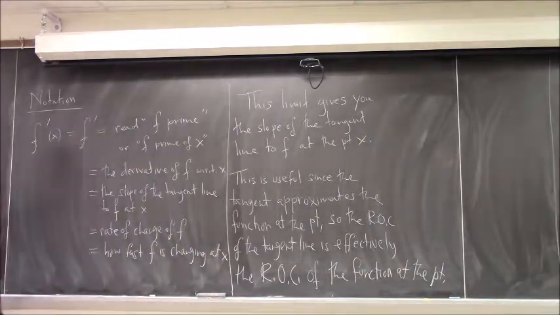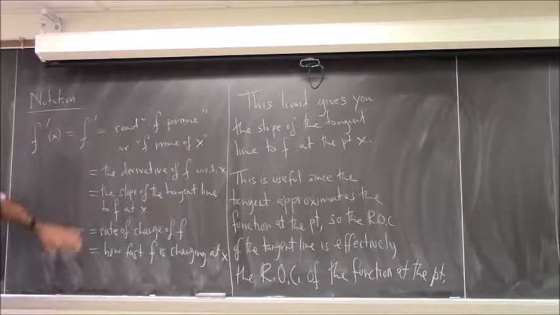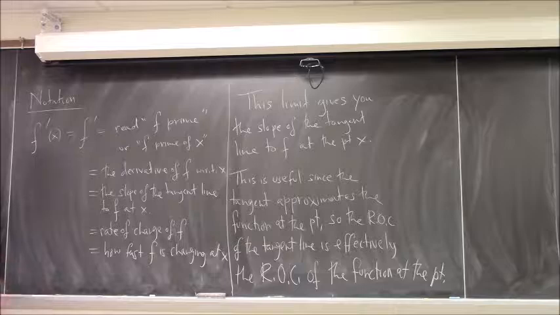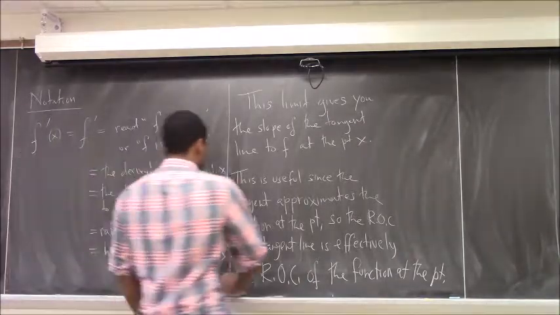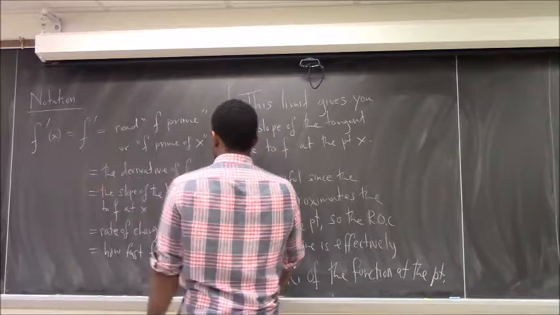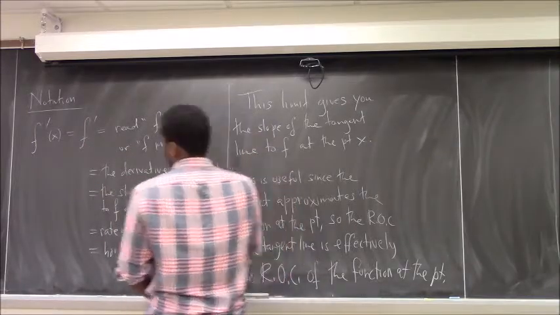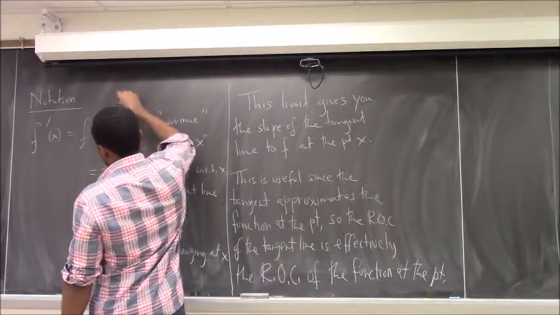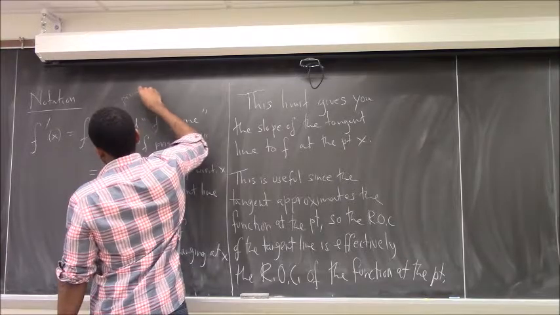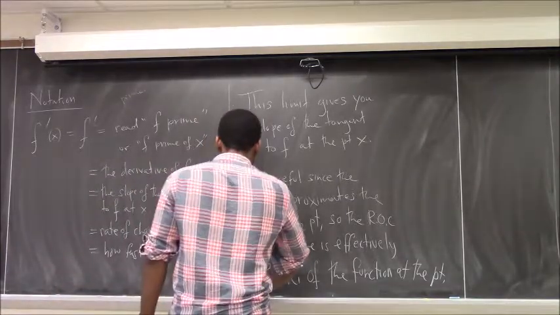There are many interpretations, but you want to be able to think of it as the slope of a line, but the slope is also a measure of rate of change. And so you have this notation, which is called prime notation, because this is called a prime. That's one of the major notations.